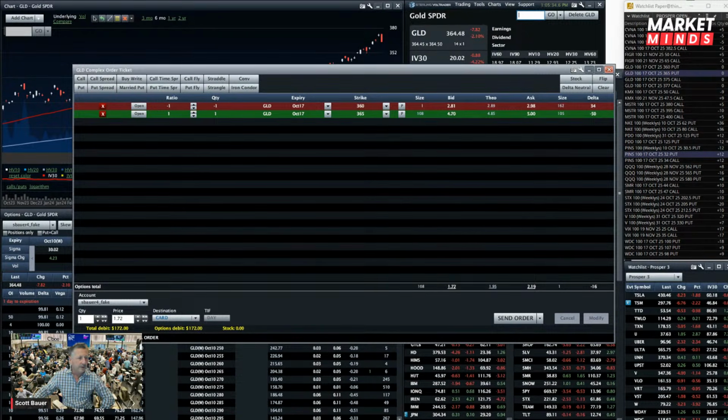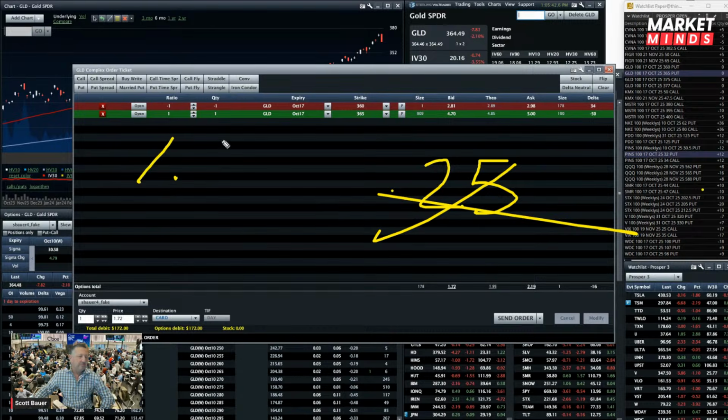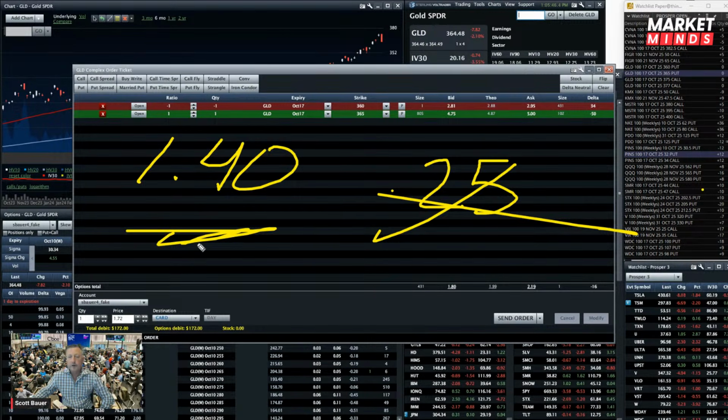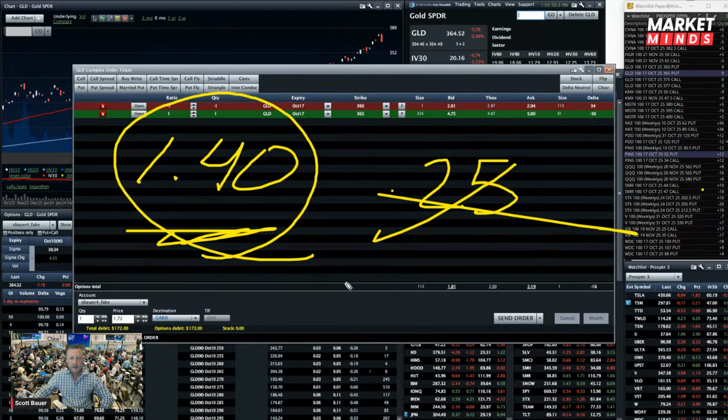Now, I know that was in conjunction with another part of the trade. So let's say we had paid, I'm just throwing this out there, $1.40. What could our risk be? That's it. If both options went out at expiration worthless, that's our risk, $1.40.